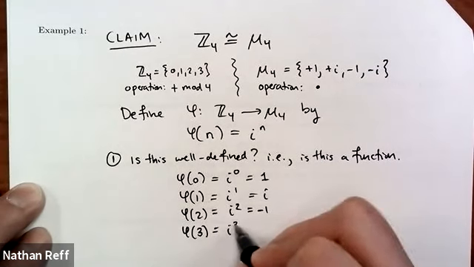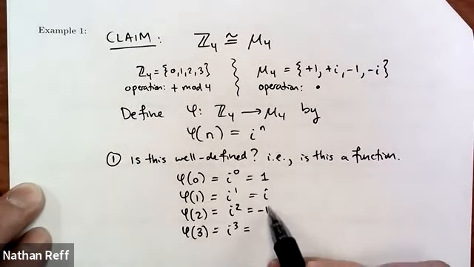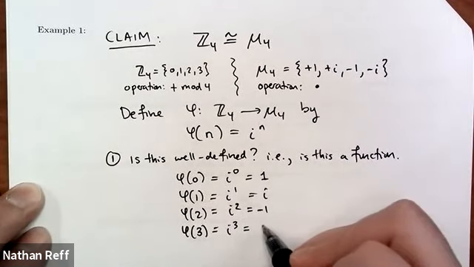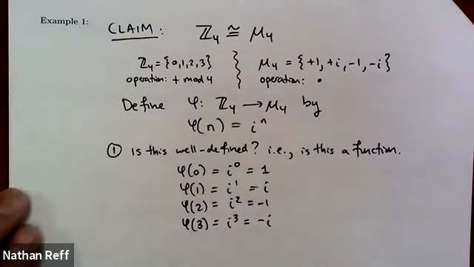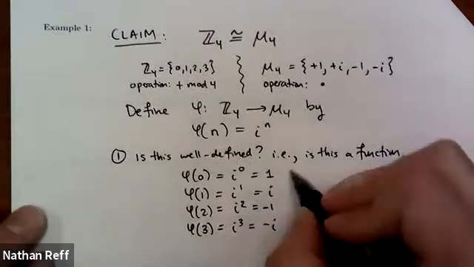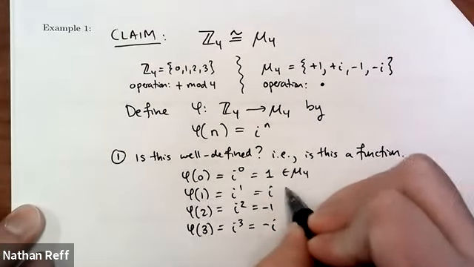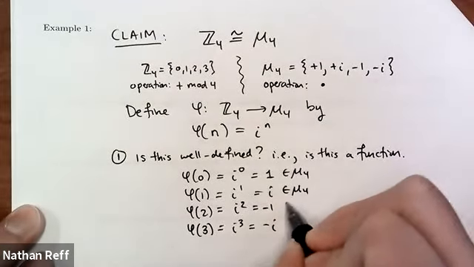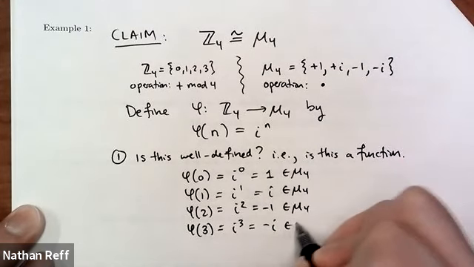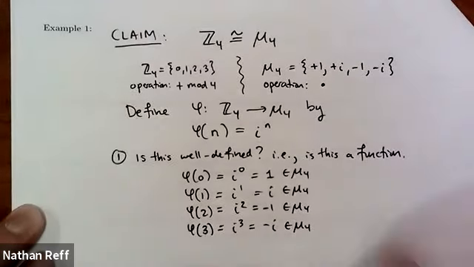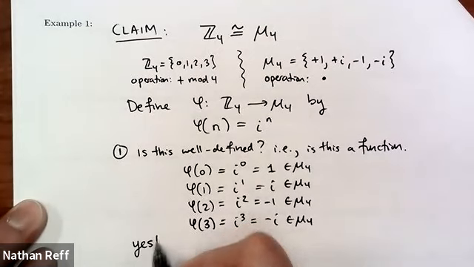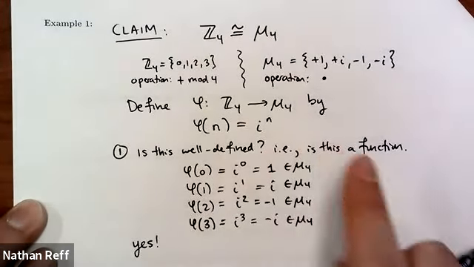And i cubed, well, i squared is -1, so i cubed will be i times that, which is -i. Okay. So do you agree each time that this is an element of mu4? We good? Yeah. So yes. So phi is well defined.